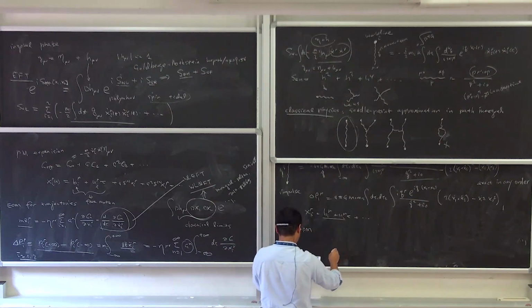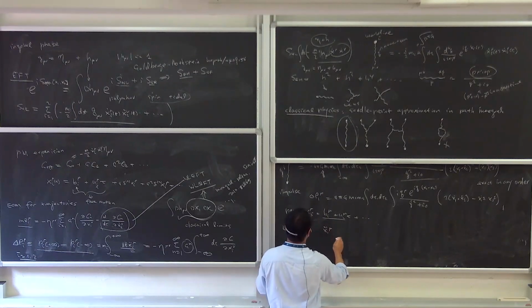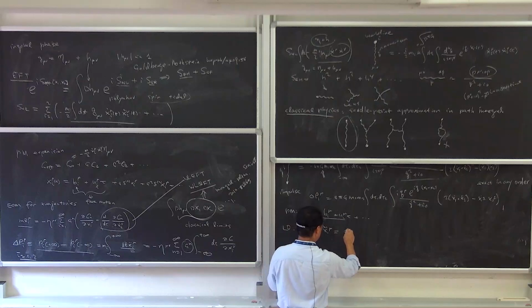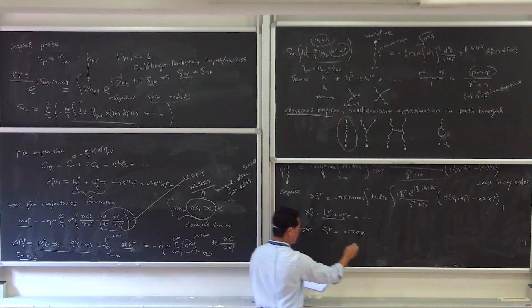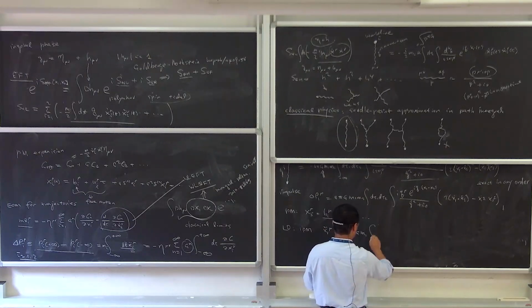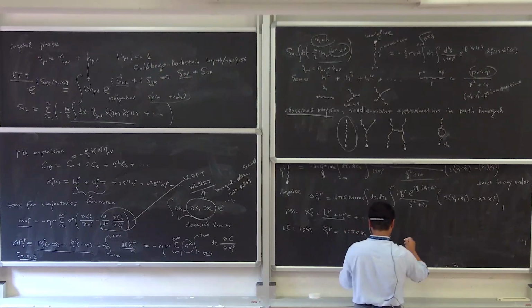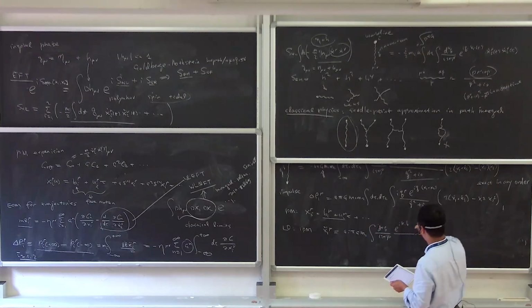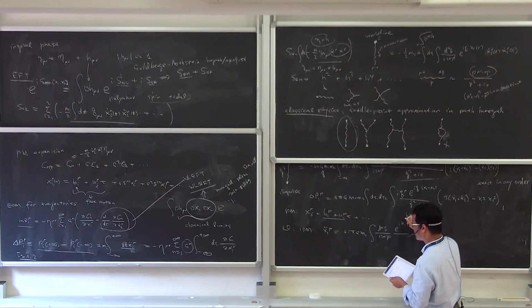The equation of motion becomes, for example for particle 1, where this is the impact parameter, B1 minus B2, meaning the distance between the two bodies.